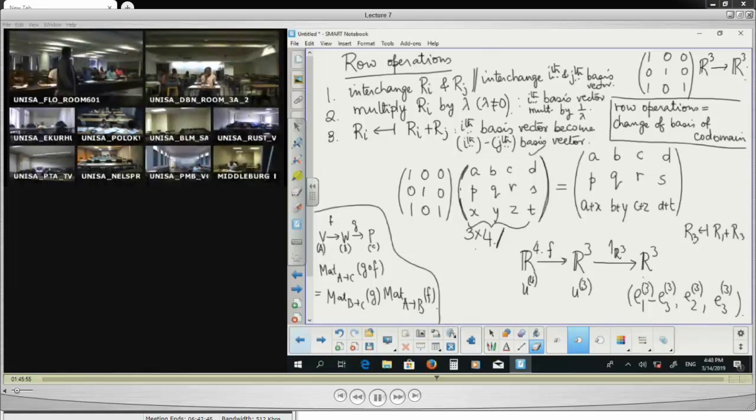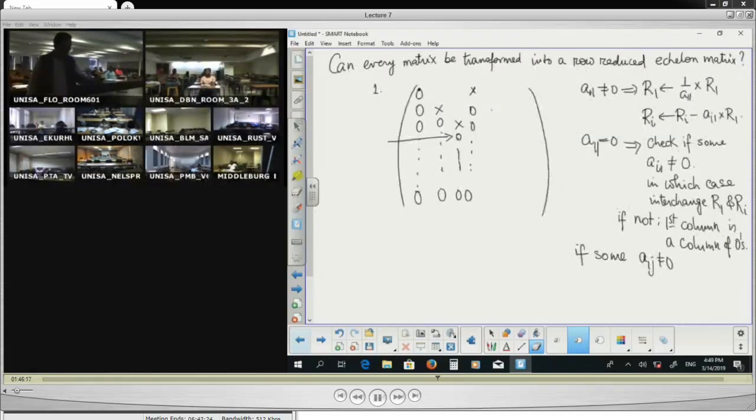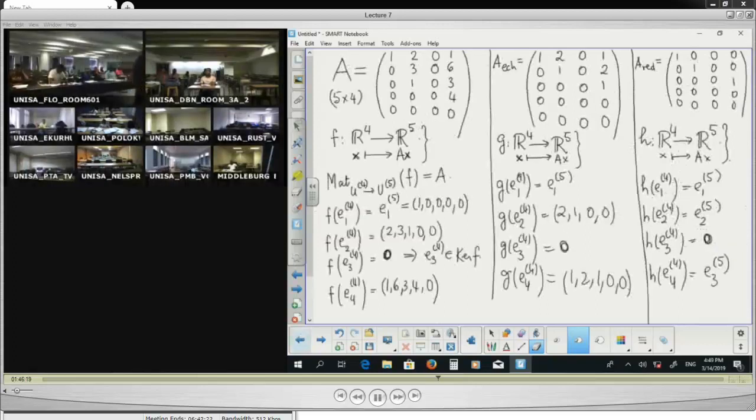And now let's see how echelon form, we already saw how echelon form actually tells us immediately what is the kernel, what is the range of the matrix. Okay? Now it is actually multiplying by some linear transformations, right?